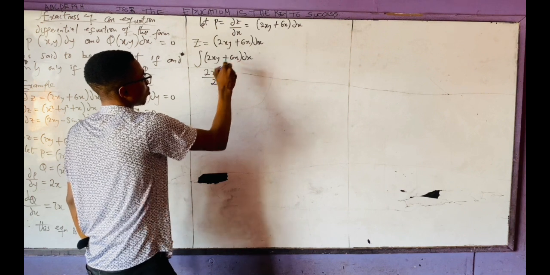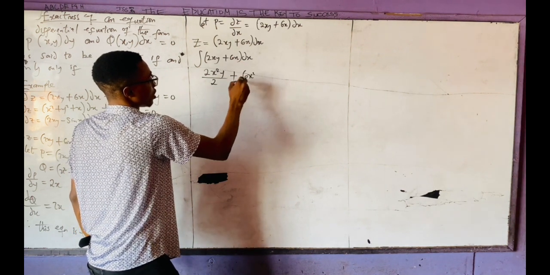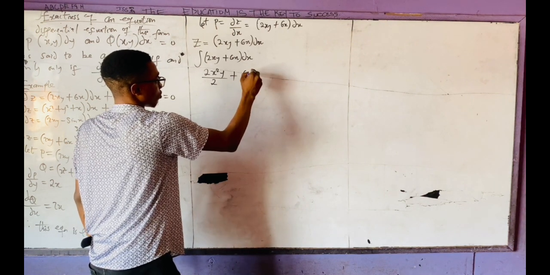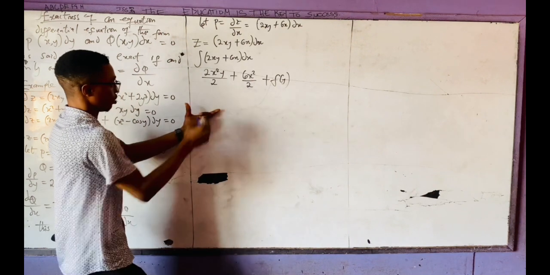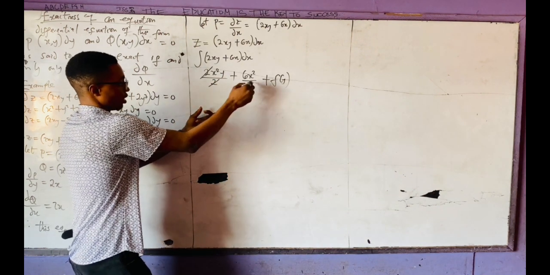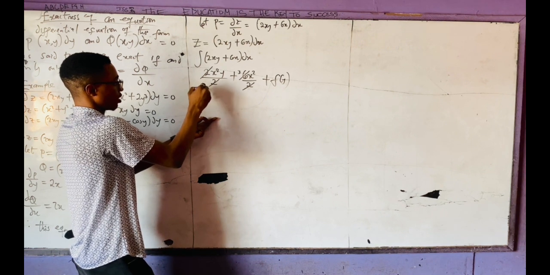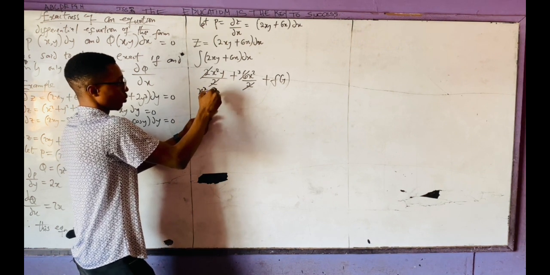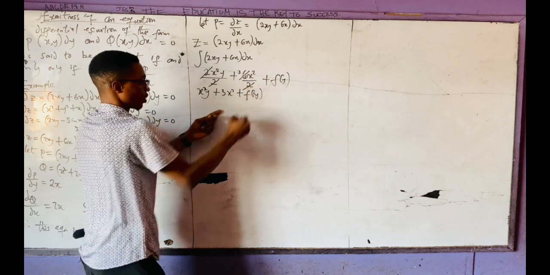Plus, if I integrate 6x with respect to x, I'm going to have 6x squared over 2, plus f of y. Simplifying, we have x squared y plus 3x squared plus f of y.